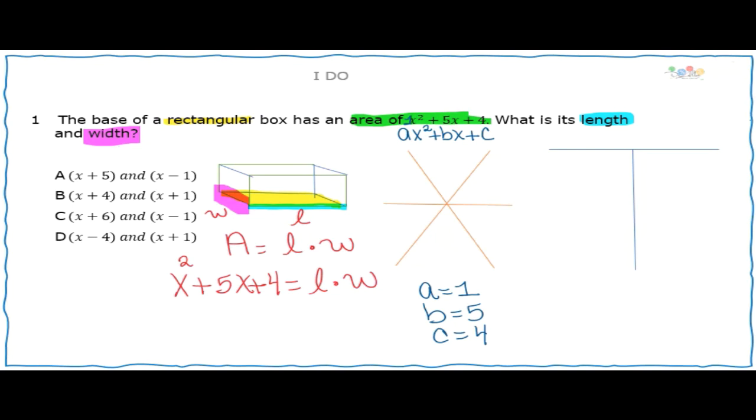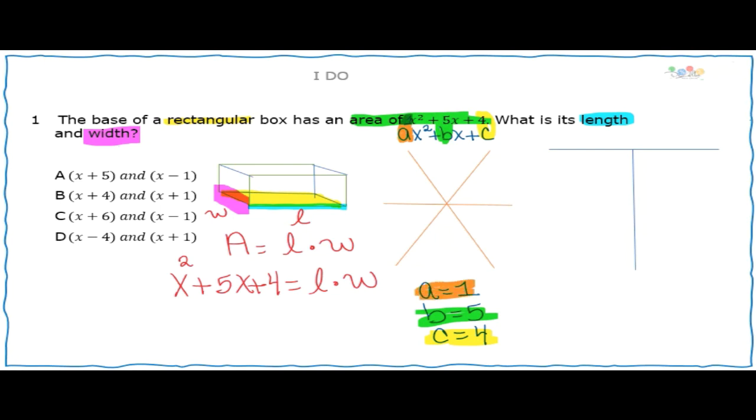So let's see that. This goes together, so that's my c. This goes together, that's my b. And of course, the first one goes together, that's my a.